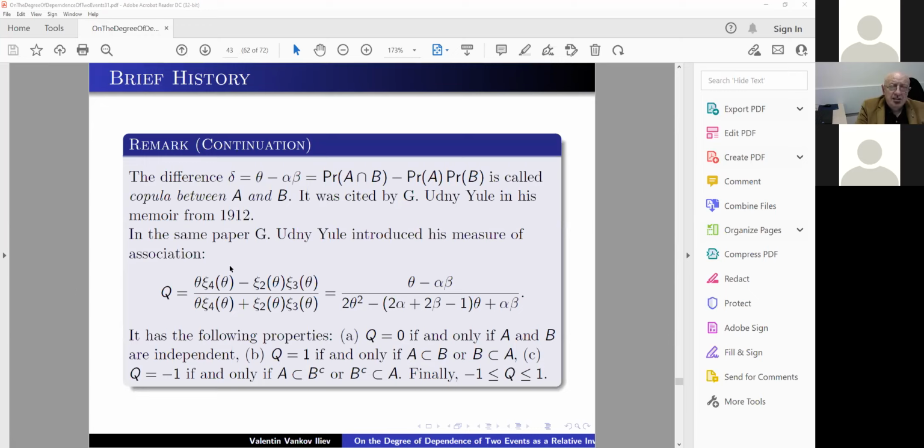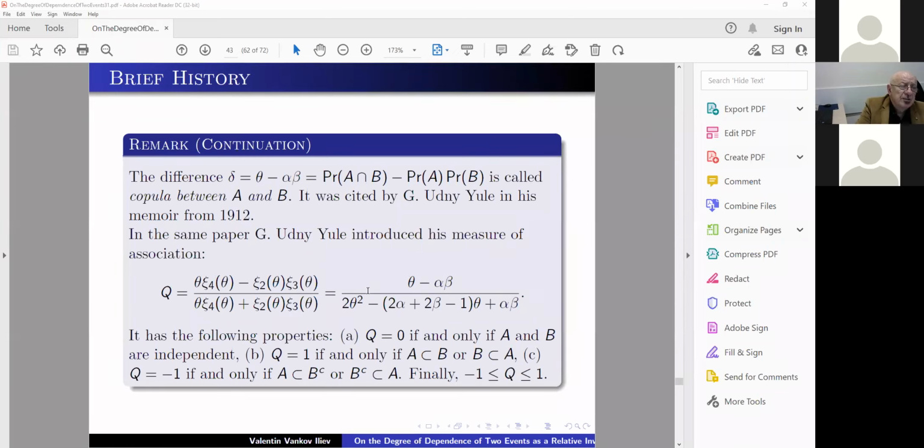So there are other indices of dependence. Some of them were invented by the Bulgarian mathematician Nikola Obreshkov. This is the measure of association of George Yule. I discussed this.